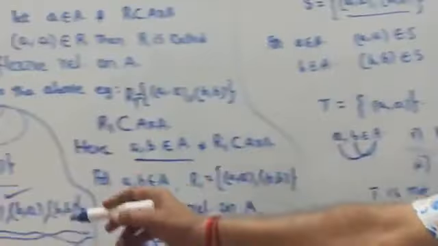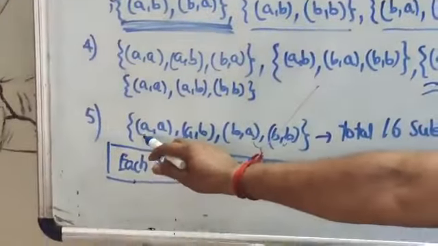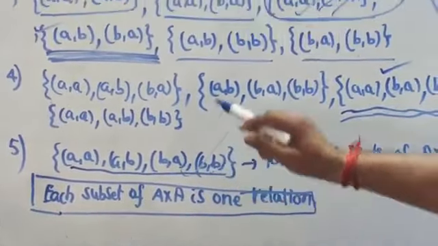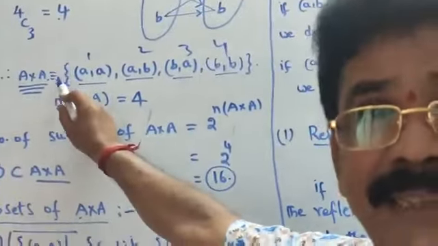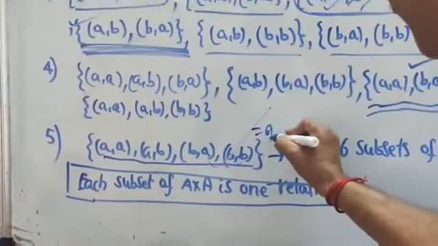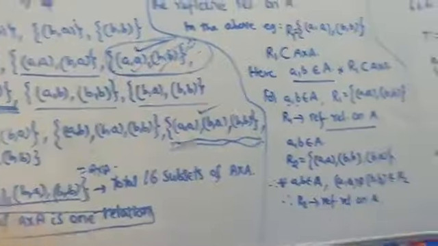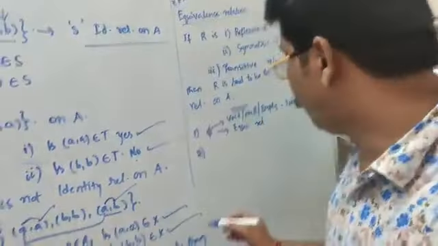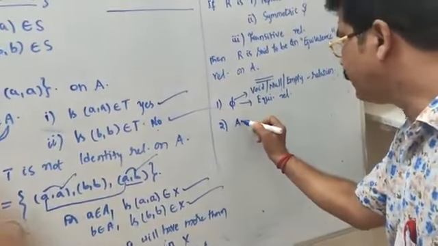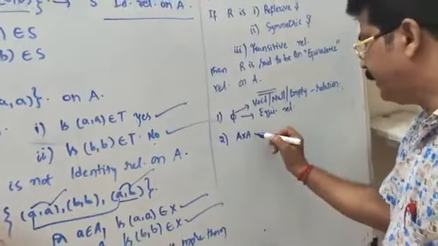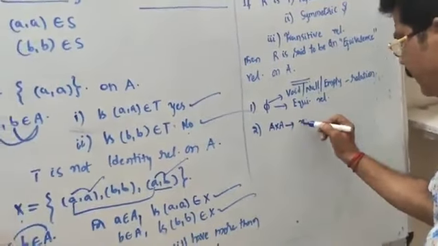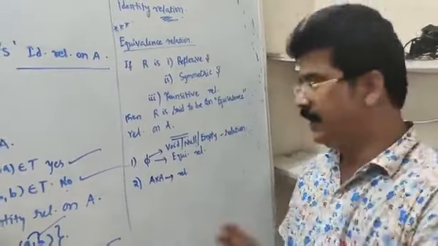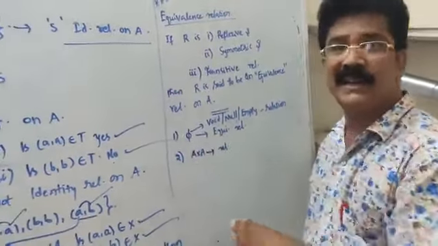Next, you come here. Last set, it is what? AA, AB, BA, BB. This is the total given set A cross A. But what I said, every set is a subset of itself. So in the second point, A cross A is also a relation. Thus, A cross A is also one relation.